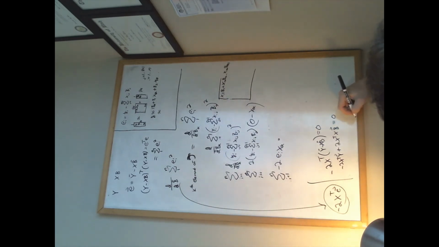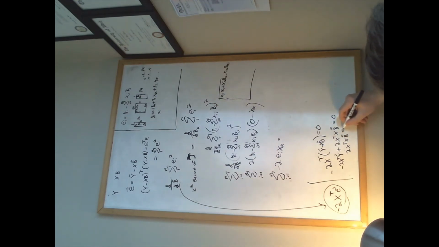Let's move one of these to the other side, might as well take care of a negative. So we get 2 X^T X beta is equal to 2 X^T y vector. We can see pretty quickly that these 2's will cancel out.